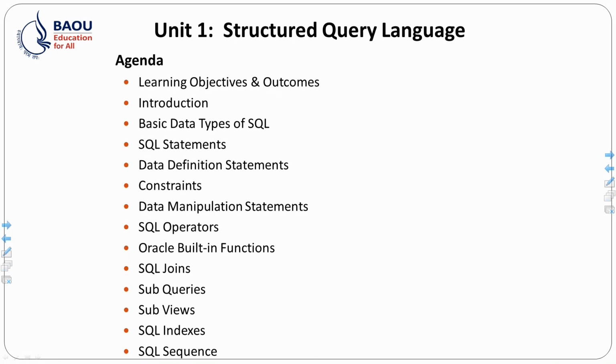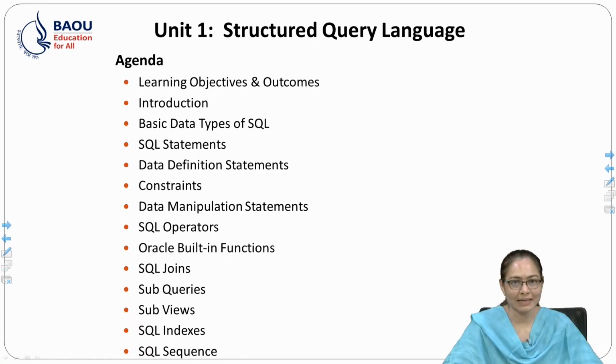Next is the data manipulation statements like record related commands, for example, insert, update, delete, etc. The SQL operators like arithmetic, character operator, comparison, range searching, pattern matching, logical set operators, etc.